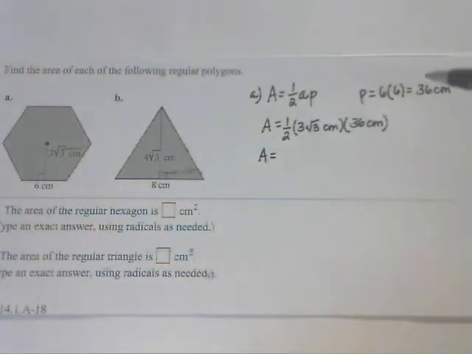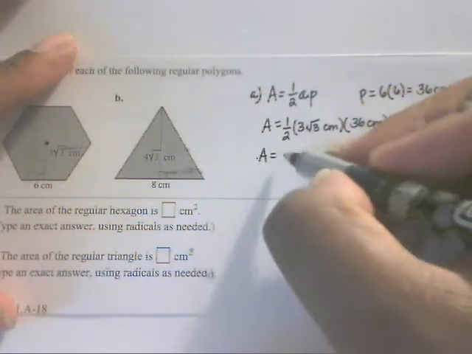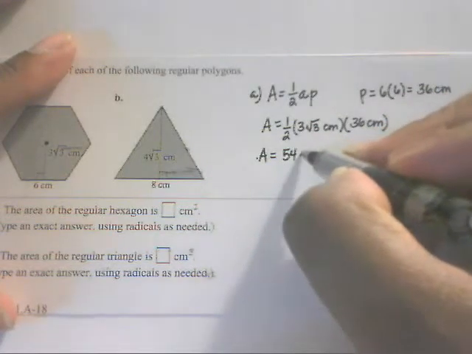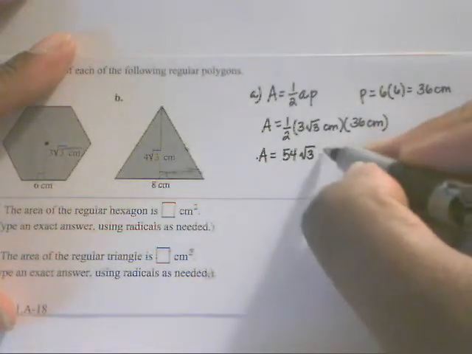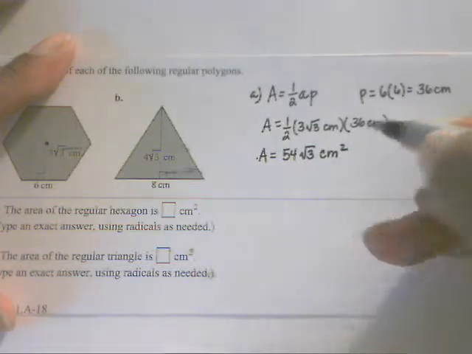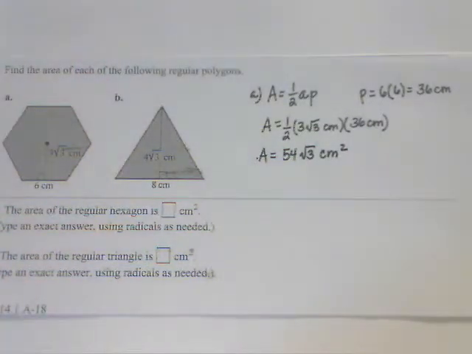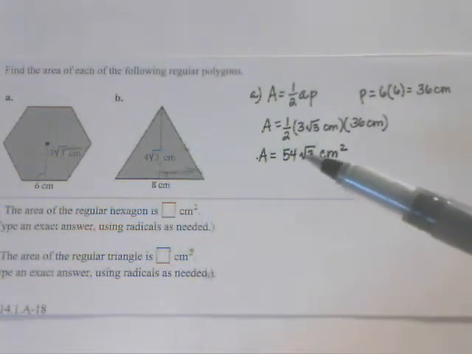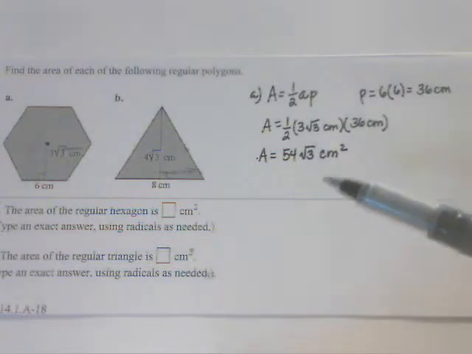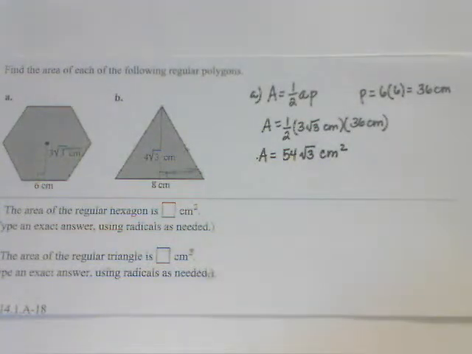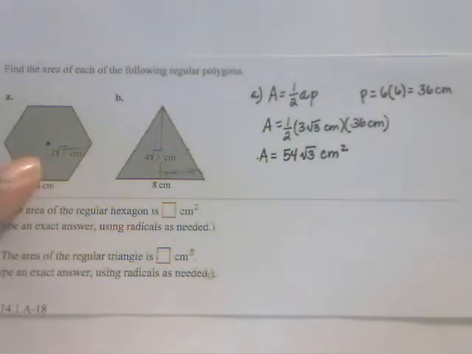And then 18 times that 3 square root of 3 will be 54 square root of 3. And this is going to be in square centimeters. Okay, and we're going to leave this in the form of a radical. So it'll be 54 square root of 3 square centimeters. That's the area of this regular hexagon.